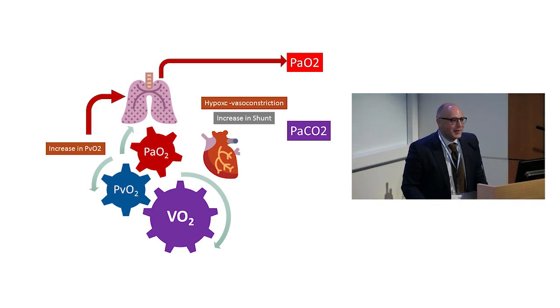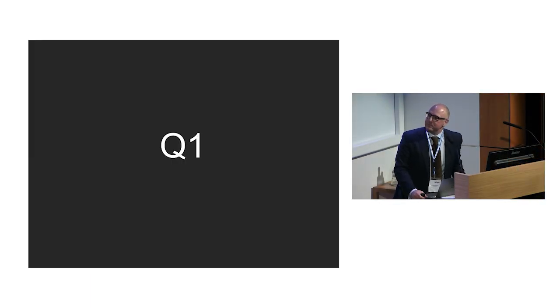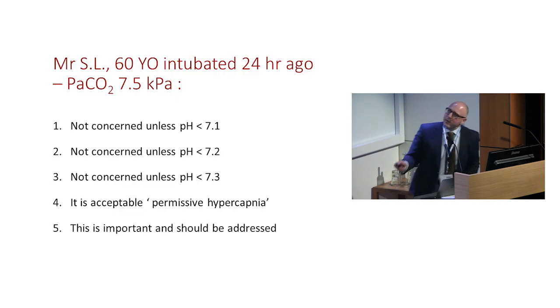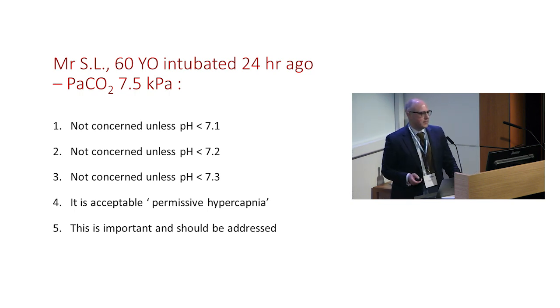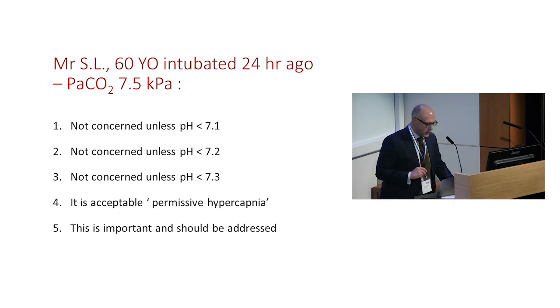Are you ready with your little pad? Okay, let's use it. I won't give you too long because otherwise we won't finish. So question 1. We've got a gentleman, 60 years old, intubated 24 hours ago, who has a PCO2 of 7.5 kilopascals. So the question is: we're not concerned unless the pH is less than 7.1, 7.2, or 7.3, that's all right, it's permissive hypercapnia, or this is important and should be addressed.